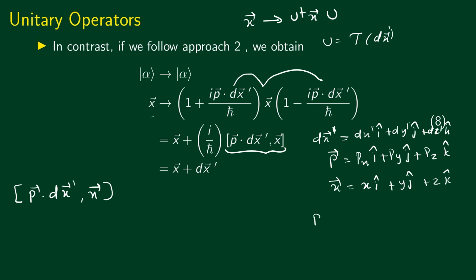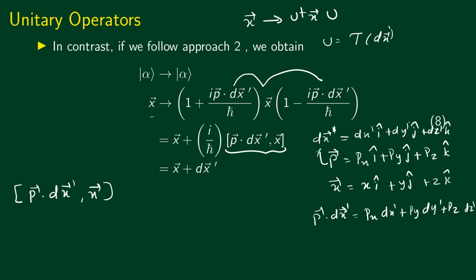So p vector dot dx vector prime, the dot product of these two terms, gives us px dx prime plus py dy prime plus pz dz prime, the usual scalar product of two vectors. The momentum vector has three components, so if you take the scalar product with dx vector prime, which also has three components, you get this expression.